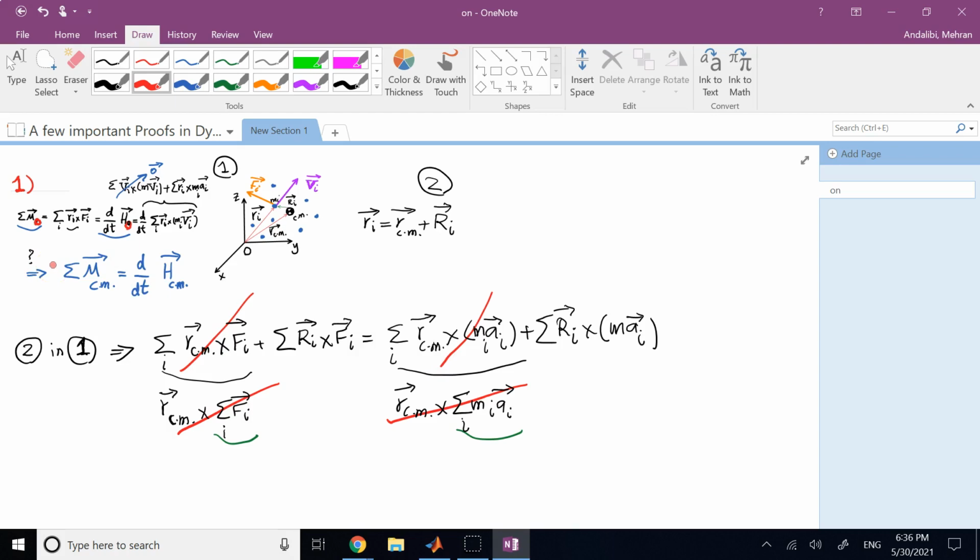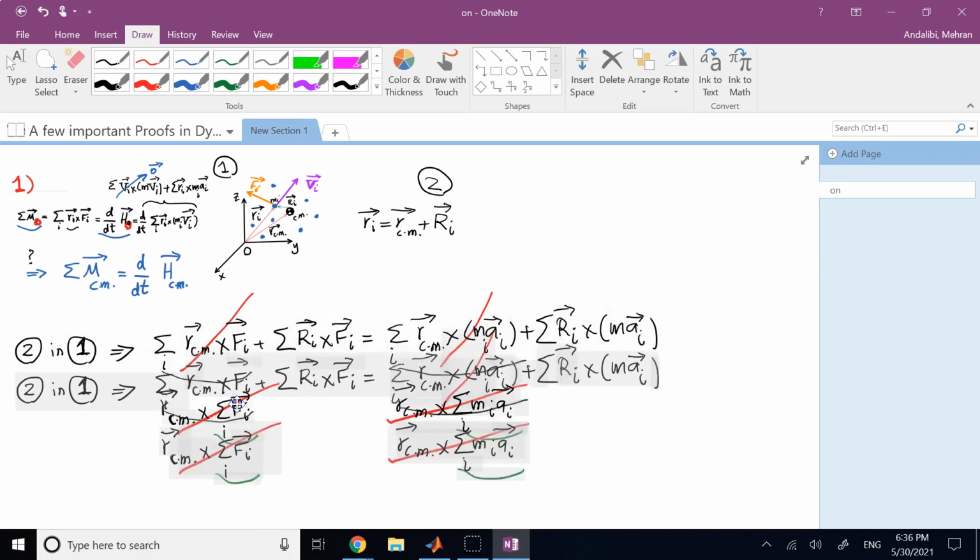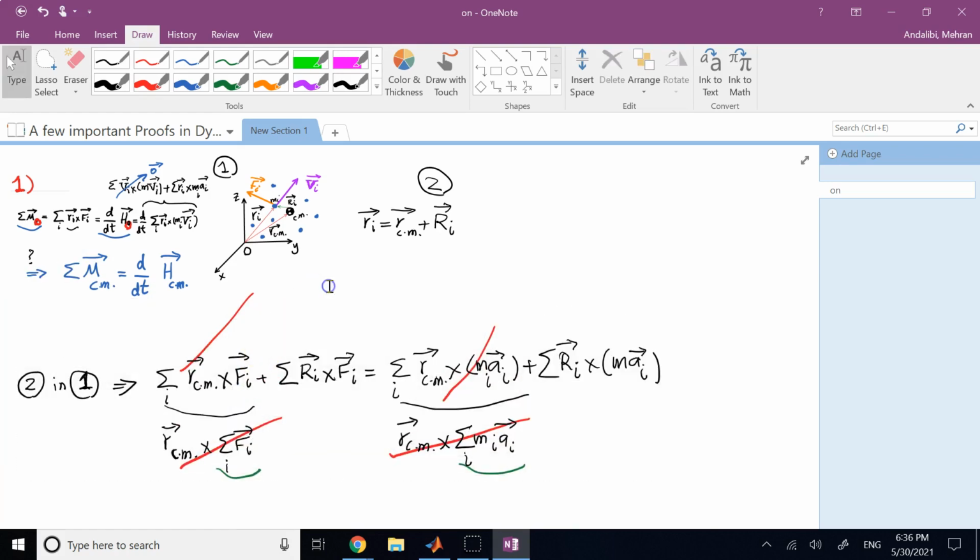So let's continue. By the way, let's see if I can bring this whole thing down a little bit. I want to write as clean as possible. There we go.